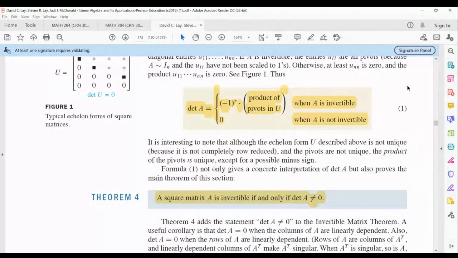And it's important to recognize that, because it's going to be helpful for your second MATLAB assignment. I'll be posting and talking about your second MATLAB assignment next week. But of course, in order to really talk about it, you have to understand properties of determinants. Okay, so are there any questions on that?